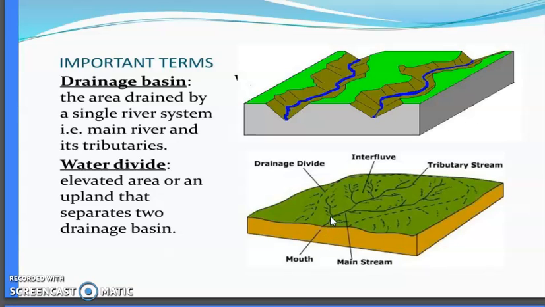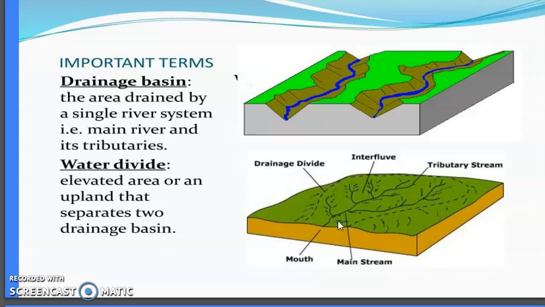In this image, this is the main river, and the small channels which join the main river are called tributaries. And what is a distributary? When the main river bifurcates into numerous channels, that is called a distributary. That means when the main river is divided into different parts, those are called the distributaries of the river.